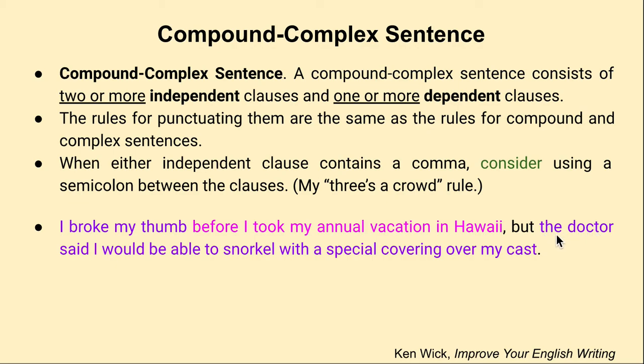The second clause is an independent clause, and it's pretty long: the doctor said I would be able to snorkel with a special covering over my cast. So here we have two independent and one dependent. I have met the definition of a compound complex sentence.